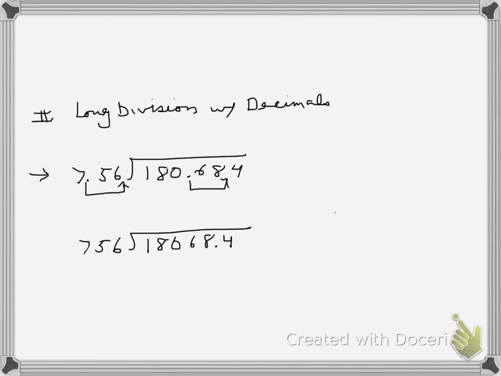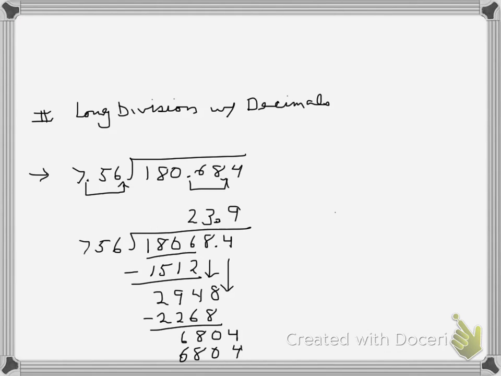The first number larger than 756 would be this, and so I'm looking at how many times that goes in. It goes in twice, same as we've done before. It'd be 15, 12, subtracting, I'm going to get 4, and so I went ahead and finished it out here.